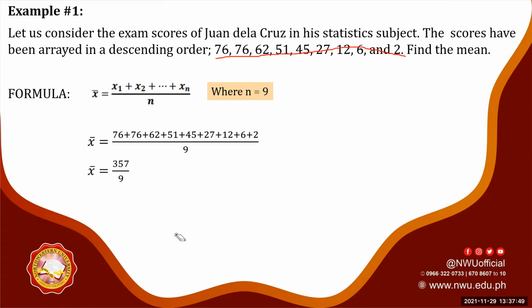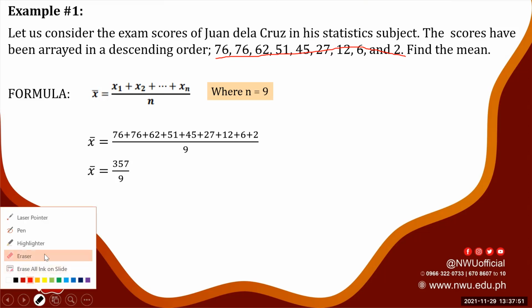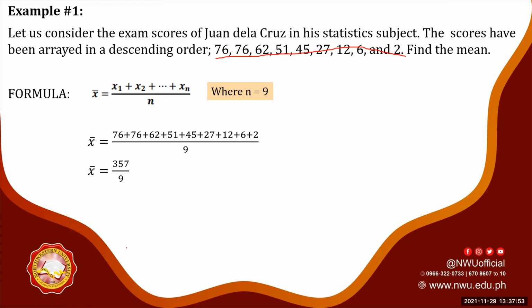So, you will get 357 over 9. Or if you simplify this further, you will be able to get 18.78947368, and so on and so forth. But here we can just round off to the nearest hundredths, or 2 decimal places lang.